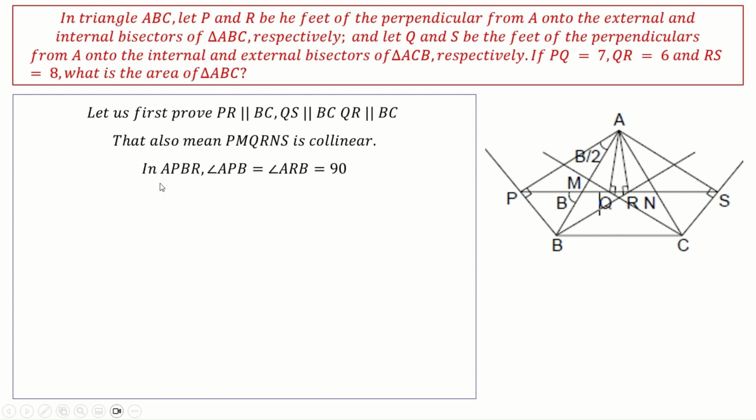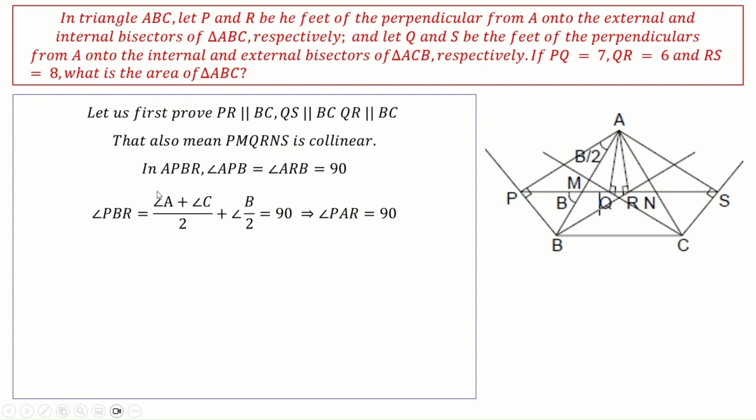If I take APBR, two opposite angles are 90 degrees here. Correct, angle APB and angle ARB are 90 degrees. Then angle PBR equals half of angle A plus angle C, plus angle B by 2, since the external angle bisector gives (A plus C) by 2 and the internal gives B by 2. So angle PBR is the internal angular bisector plus the external angular bisector, that is (angle A plus angle C plus angle B) by 2.